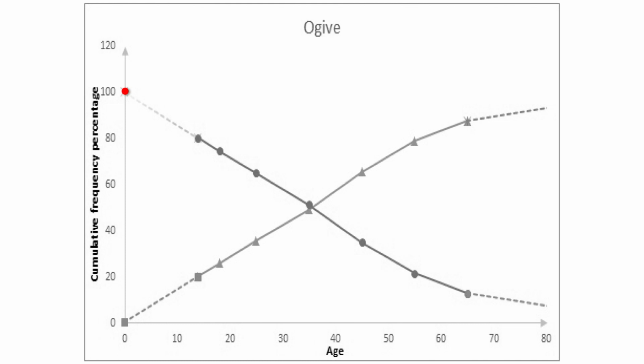The lower limit of the second class is 14 and the more than cumulative frequency is 80. So we plot the point where the value 14 in x-axis and 80 in y-axis meet. The lower limit of the third class is 18 and the more than cumulative frequency is 74.3.